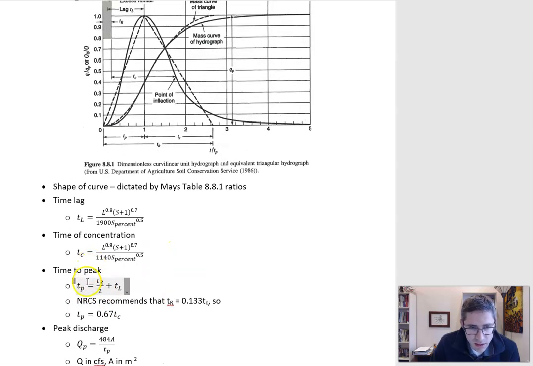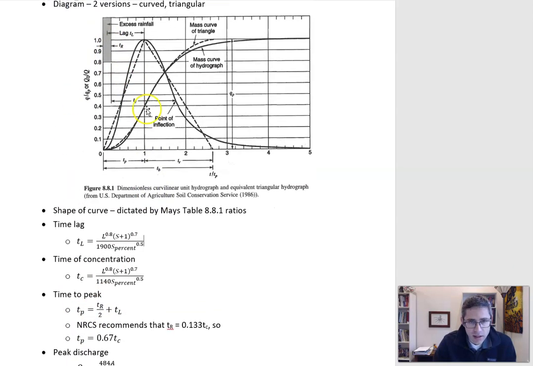So T sub P, the time to peak, this is important when you're trying to draw the triangular unit hydrograph. You need to know how far it is from here to the peak. So that's T sub P. It's equal to T sub R over 2, the duration divided by 2, plus T sub L, right? That's shown right here. We go here, we divide by 2, we go over here, we get to the time of the peak.